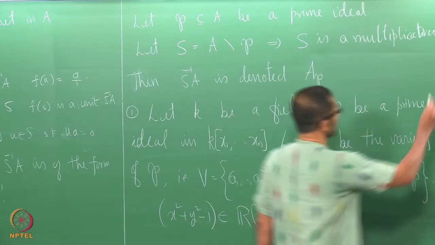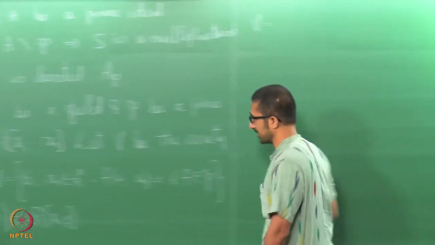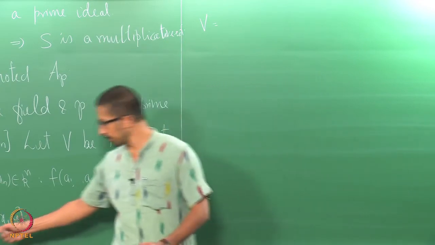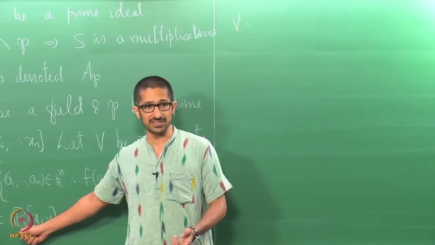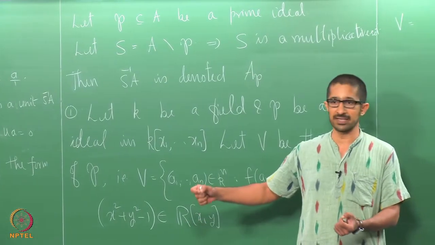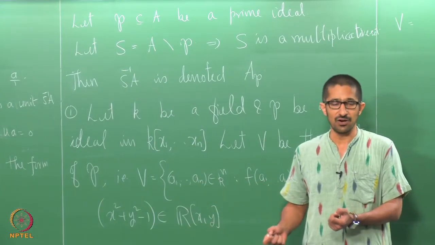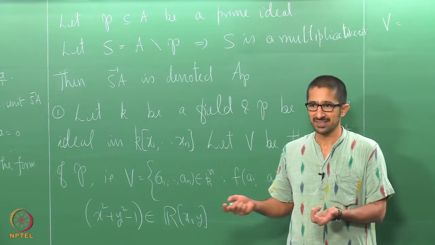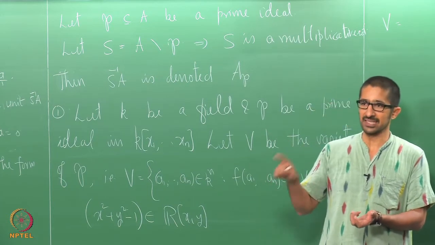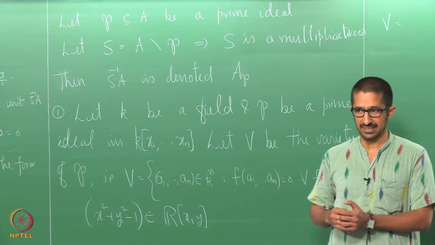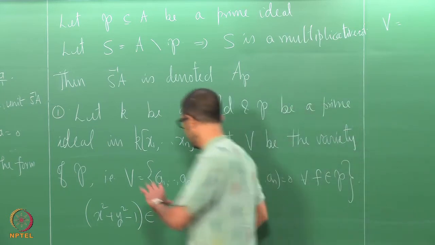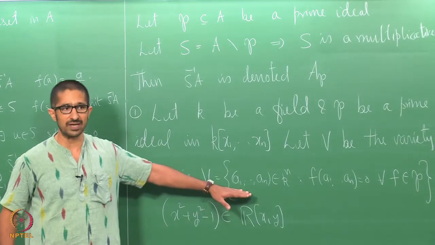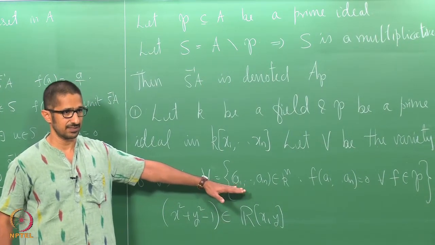Now, what is V corresponding to this? Can you imagine that? I am looking at all points (a, b) in R^2 such that a squared plus b squared minus 1 is 0, or in other words all (a, b) such that a squared plus b squared is 1, which is the unit circle. We call it S^1. Okay. So, these are all algebraic sets, or these are called varieties. Okay.